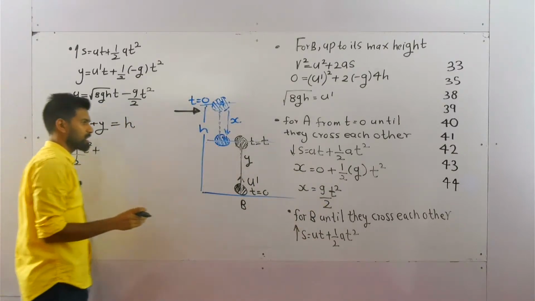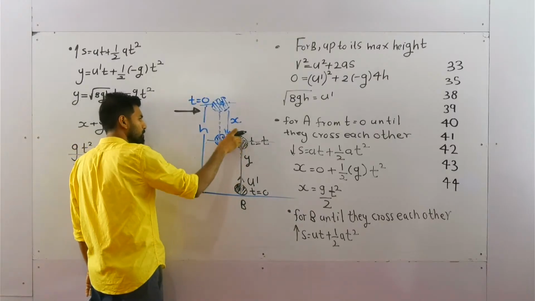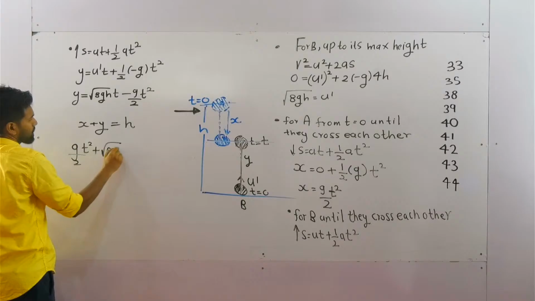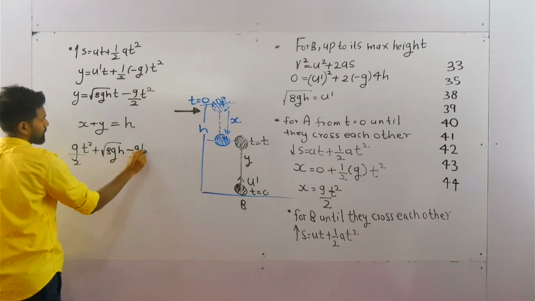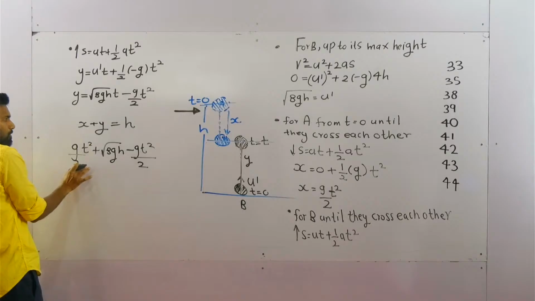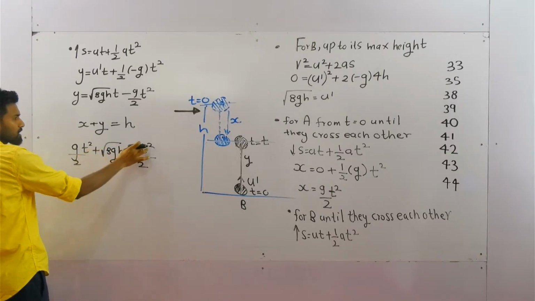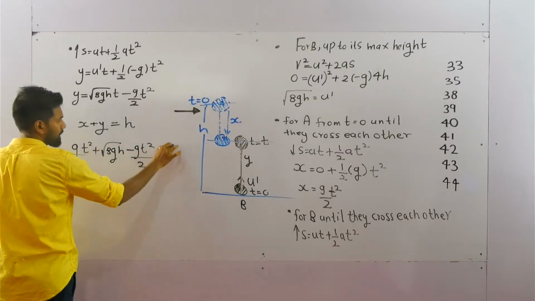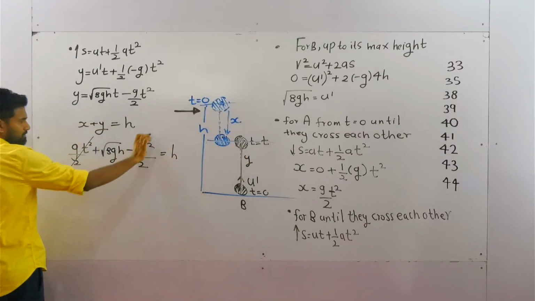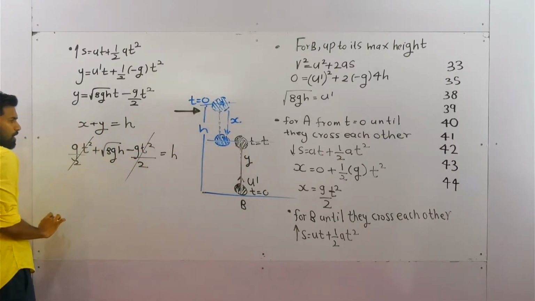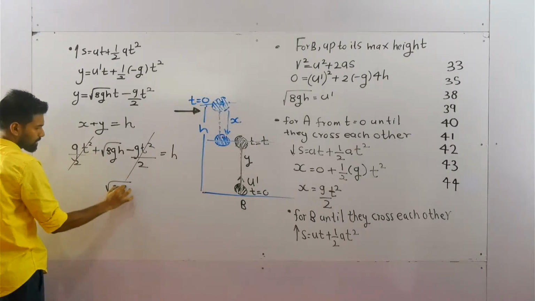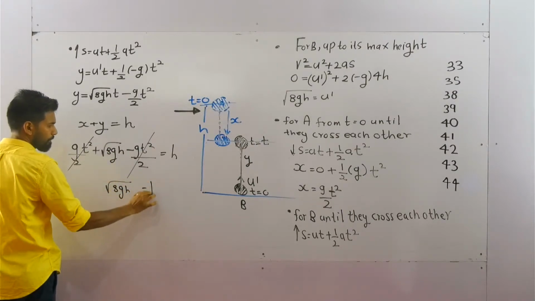Y, the distance capital B moves to cross with A, is root 8gh t minus g t square over 2. Complete value x plus y is equal to h. So this g t square over 2 will cancel out very easily. So root 8gh t is equal to h.